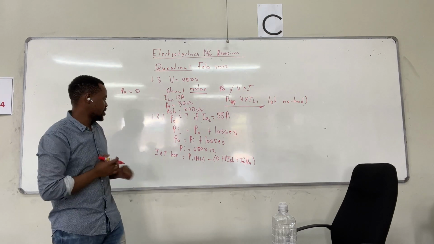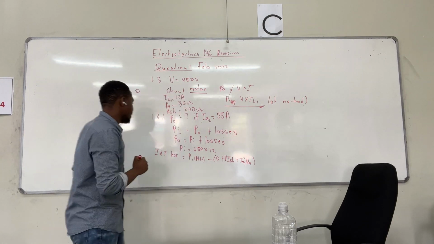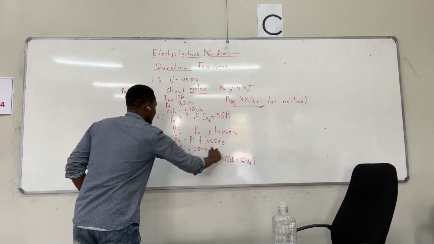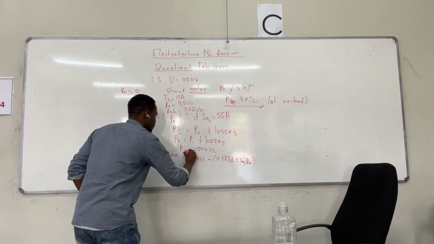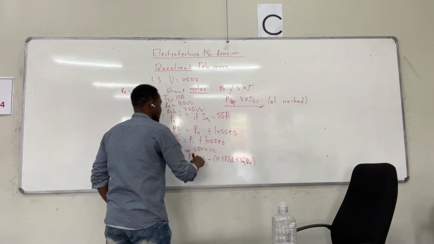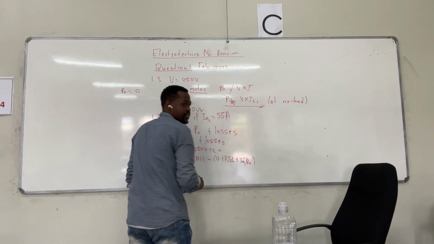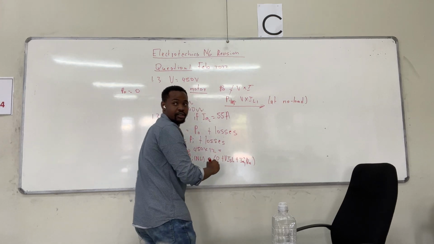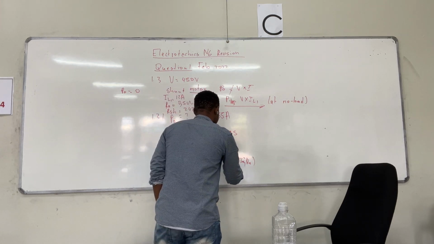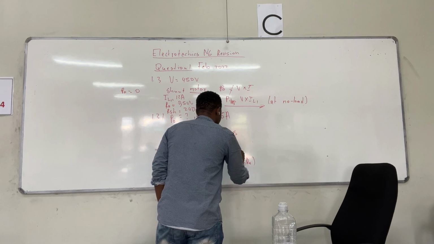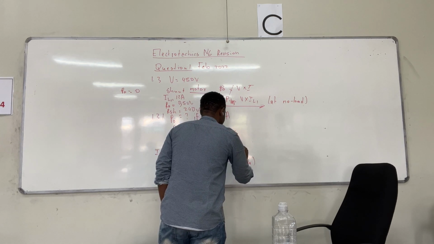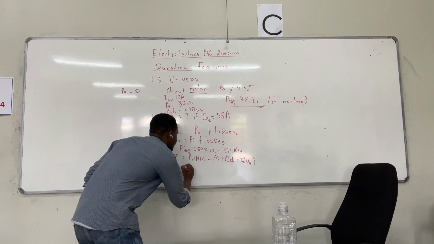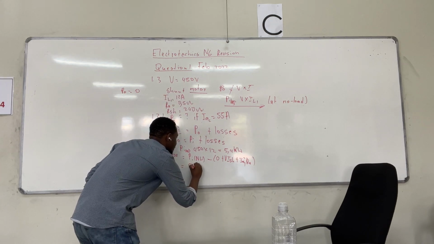You will see. So what is the no load input power? 450 times 12 is 5,400, that is 5.4 kilowatts.